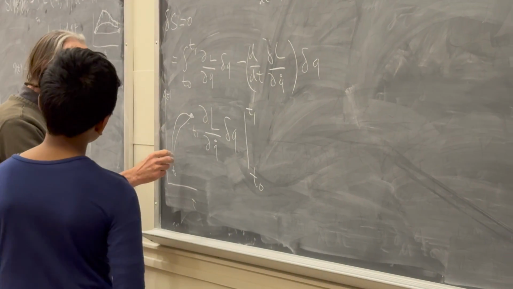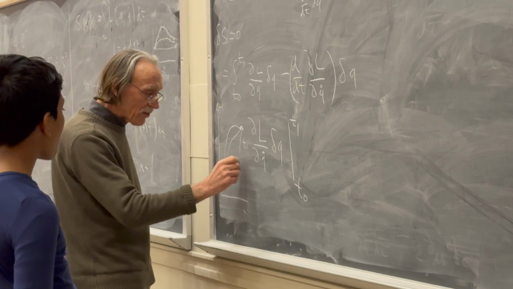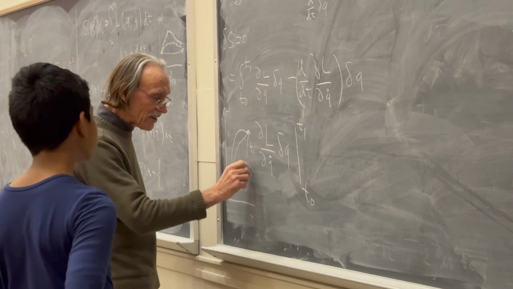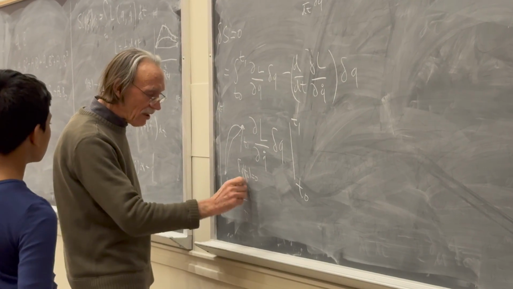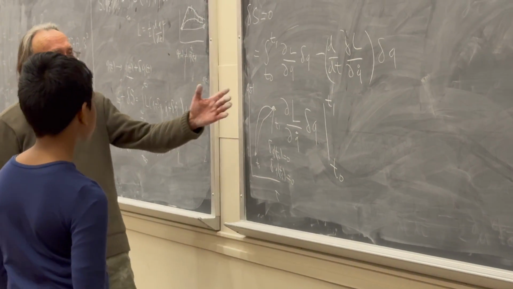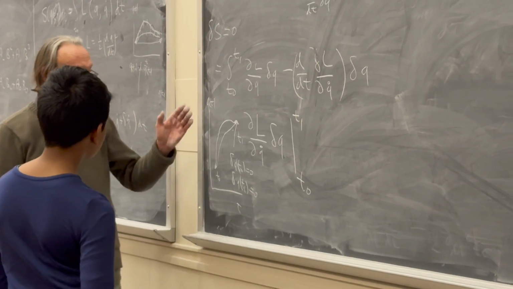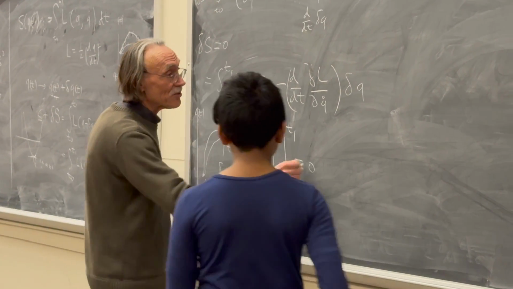So I minimize subject to delta q of t0 equal to 0, and delta q of t1 equal to 0. And you have to do that, otherwise you have this boundary term. So we choose that such that this term becomes equal to 0.